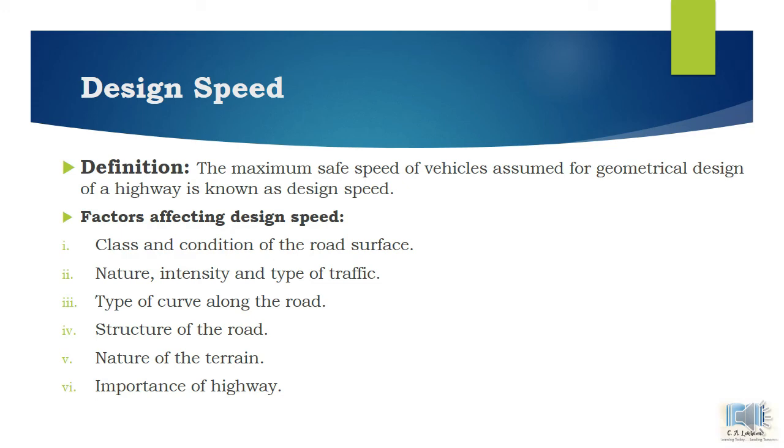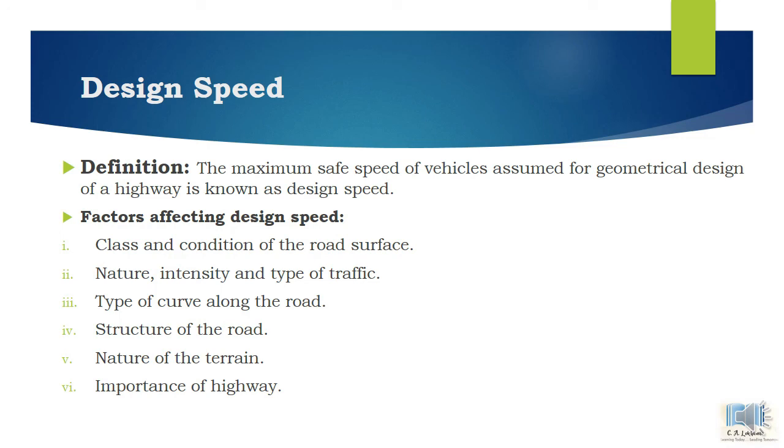Then the second is nature, intensity and type of traffic. That is, what is the nature of this road and which type of traffic is allowed on it. Then the third is type of curve along the road, whether the curve is vertical or horizontal.